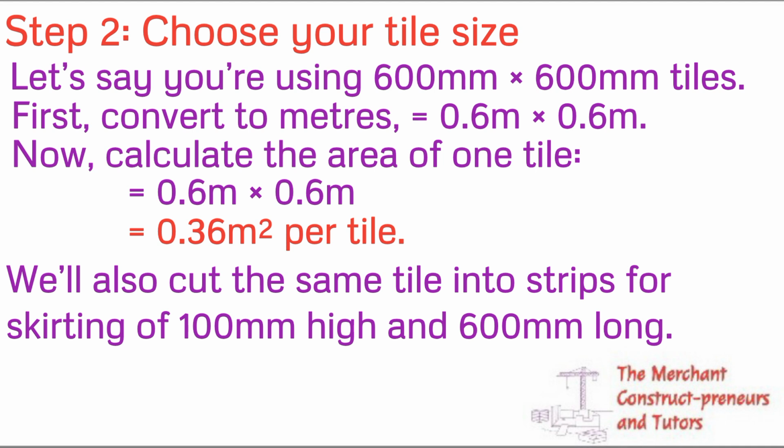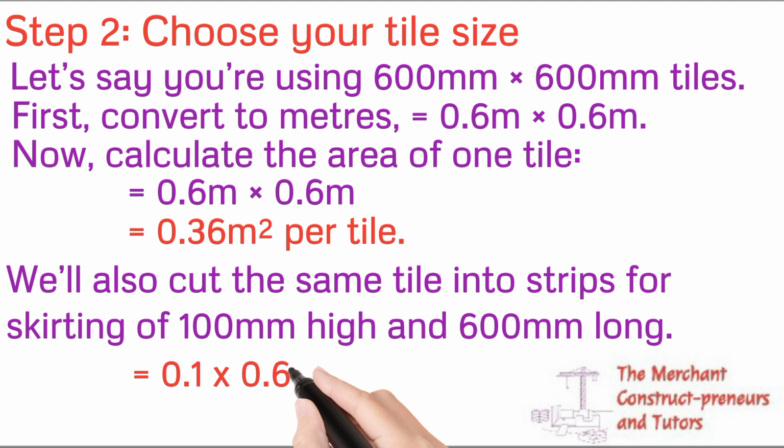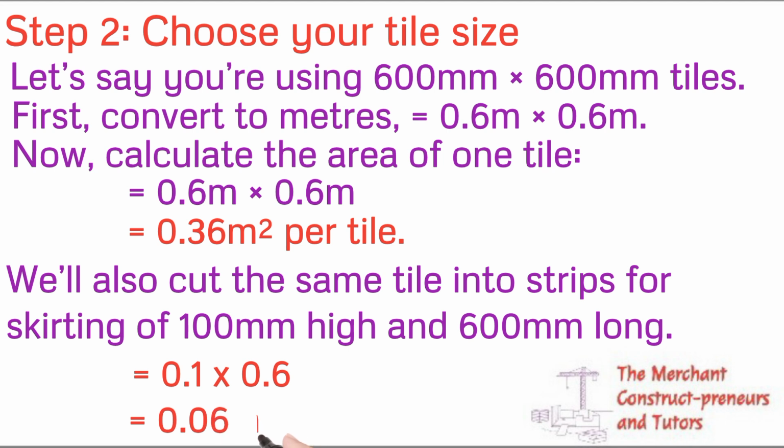So we're having 100 mm. We will cut it at 100 mm intervals. One tile will cut 100 mm strips. I don't know if we get these explanations. Okay, so the area of one strip of tile will now be 100 mm multiplied by 600 mm, which is 0.06 square meter.